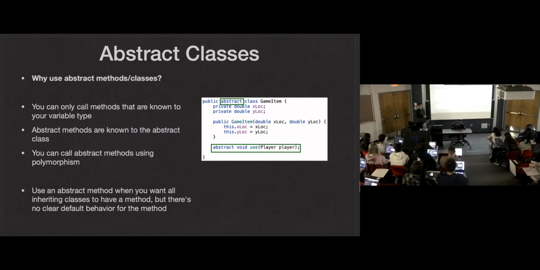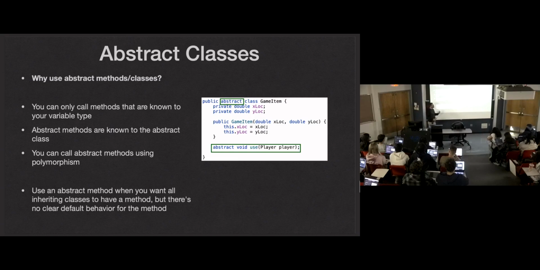So polymorphism says you can only call the methods known to the type of the variable, and I was always very careful to say known to, not implemented in, because this method isn't implemented in, but known to the type of the variable.